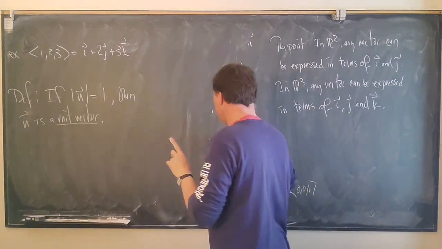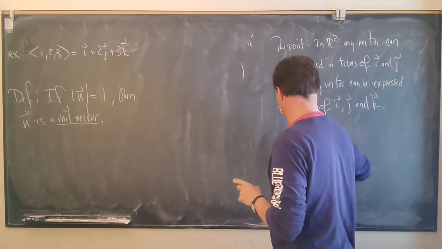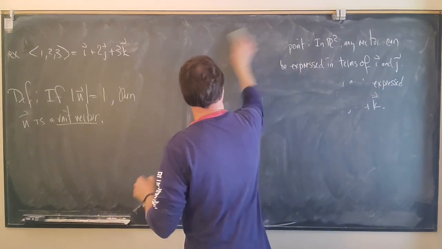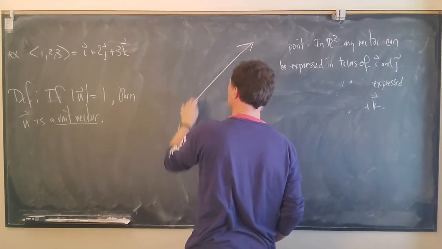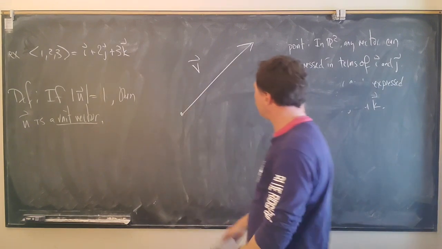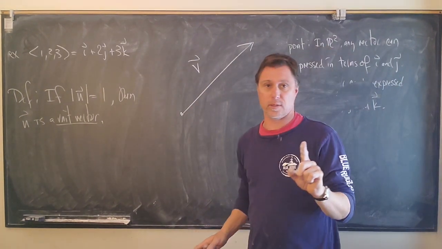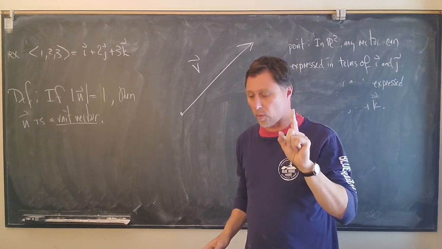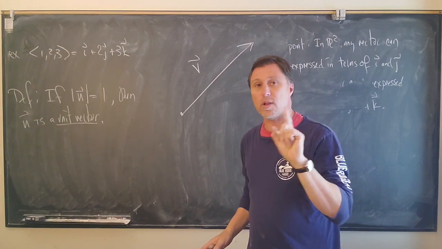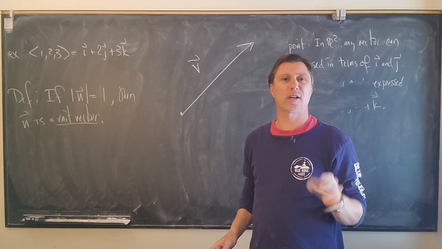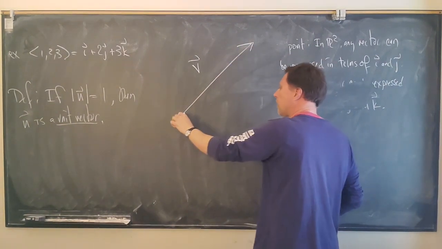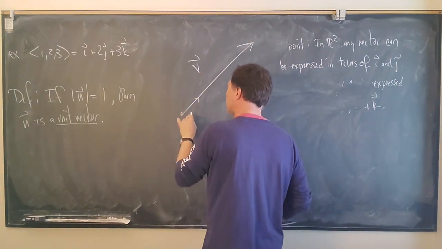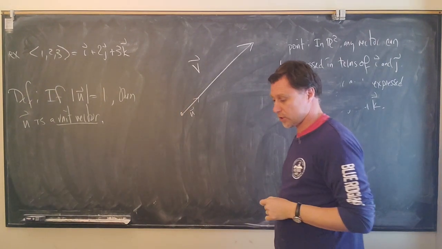Anytime we have a non-zero vector, let's call that one v, there is always, as long as it's non-zero, a unit vector pointing in exactly the same direction. I think this should be obvious, right? Even if this is length 57, there is still a unit vector that points in exactly the same direction.